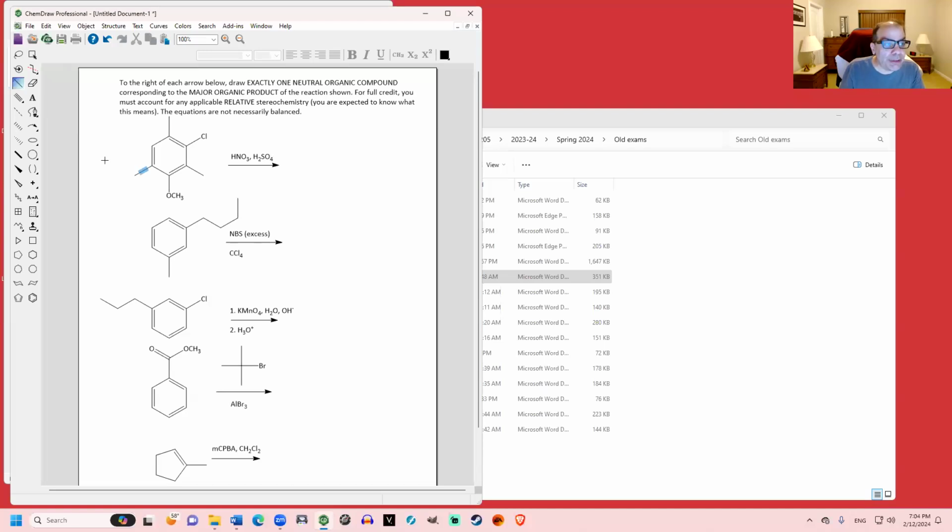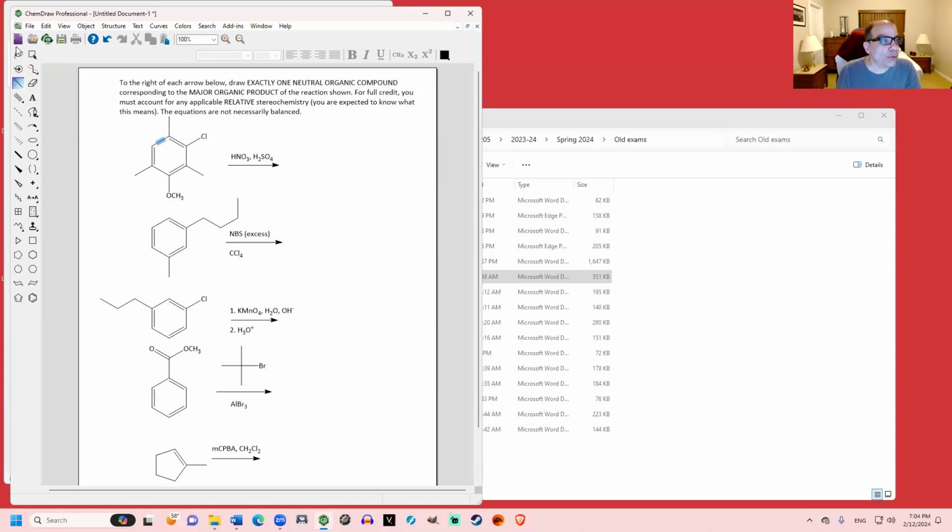And remember, in class, we said that you want to put the new group closer to the smaller group. And the way you know which group is smaller and which group is larger is smaller groups have fewer atoms, larger groups have more atoms. The methoxy group has 1, 2, 3, 4, 5 atoms in it. And the chlorine is just one atom.